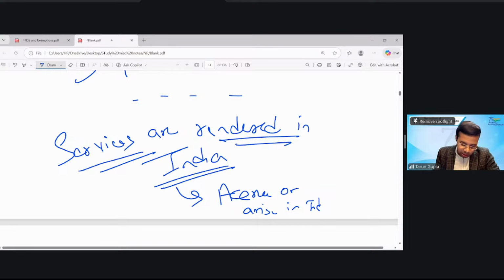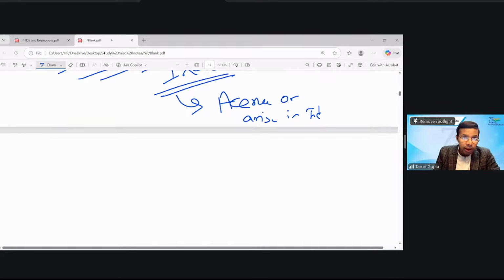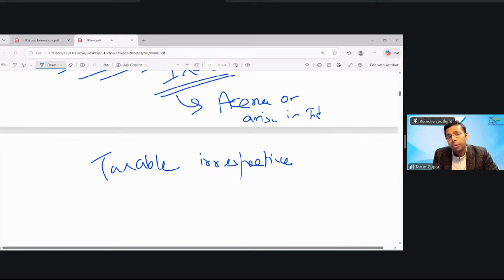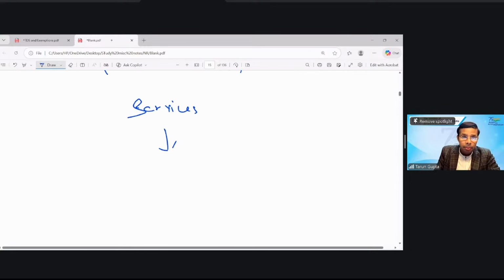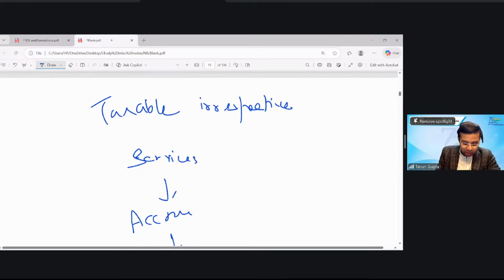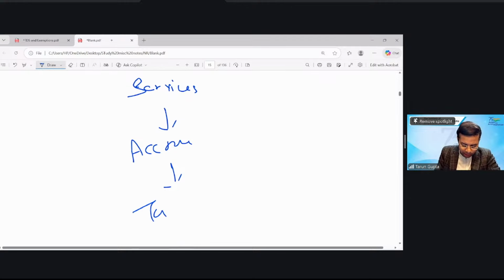And once the salaries accrue or arise in India, it is taxable in the hands of the recipient irrespective of his residential status, because it becomes an Indian income and is taxable even in the hands of a non-resident. So services rendered in India, and therefore the salary qualifies as income accruing or arising in India, and therefore it becomes taxable in the hands of the non-resident in India.